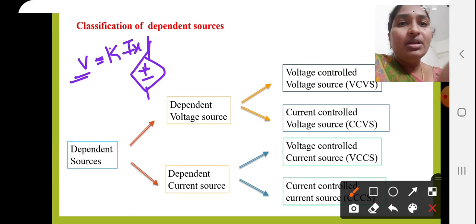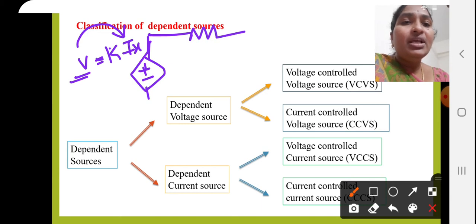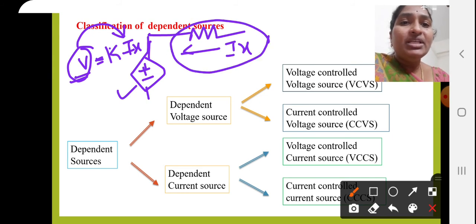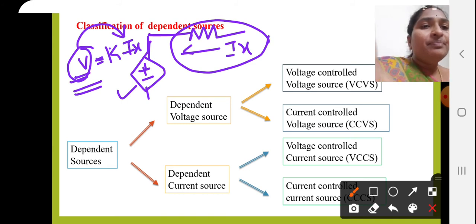It depends on some other value of current in the network. For example, we have any other branch which is connected to that source. Let us say this is Ix through that branch, then the value of voltage of this source depends on the current flowing through this branch. That is, this voltage is controlled by some other current. So that's why it is called a current controlled voltage source.